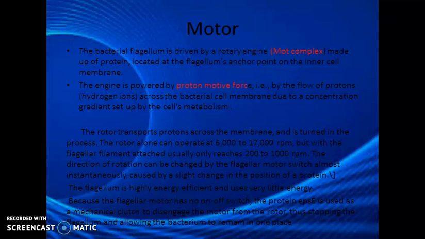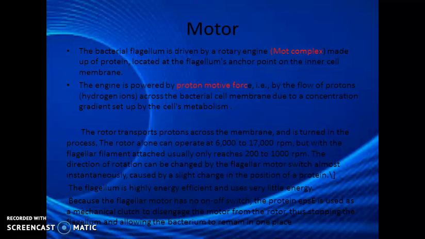The flow of protons across the bacterial cell membrane is due to the concentration gradient set up by the cell's metabolism, which provides the proton motive force. The rotor transports the protons across the cell membrane and is turned in the process.